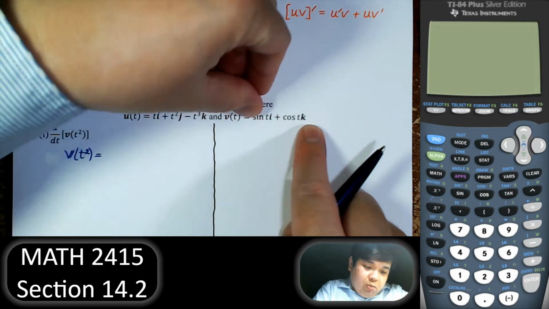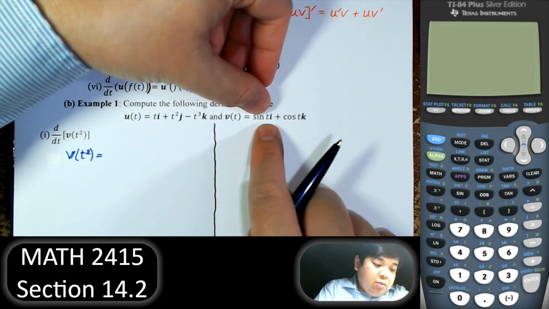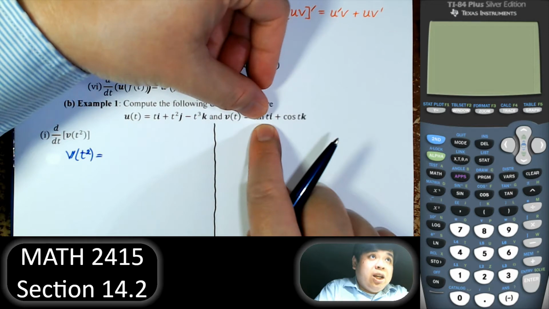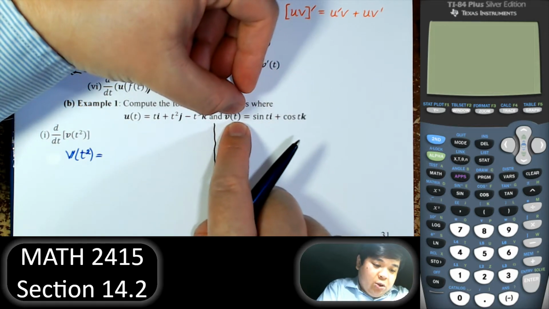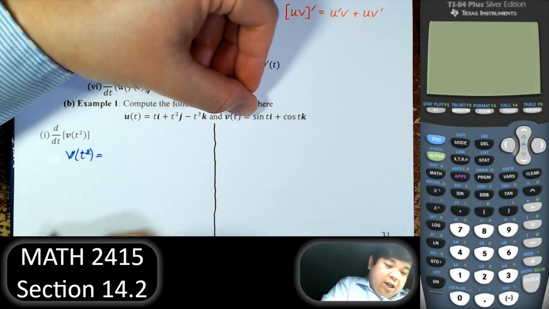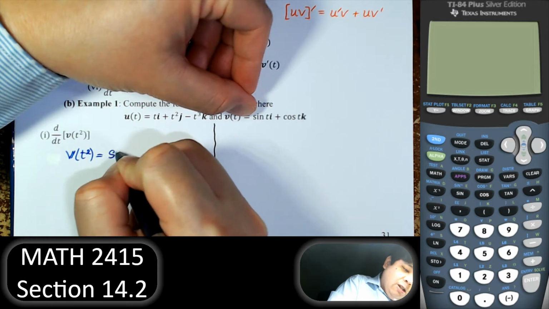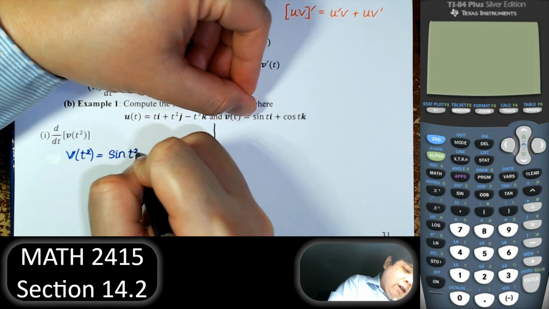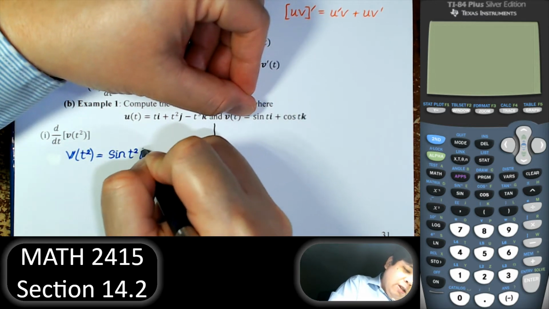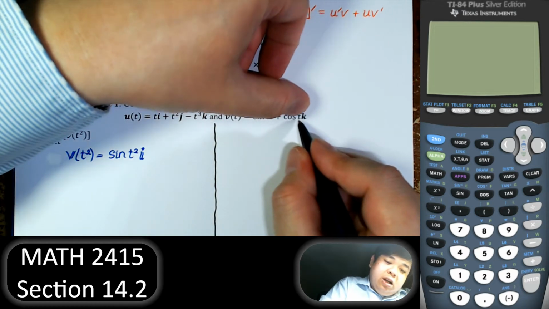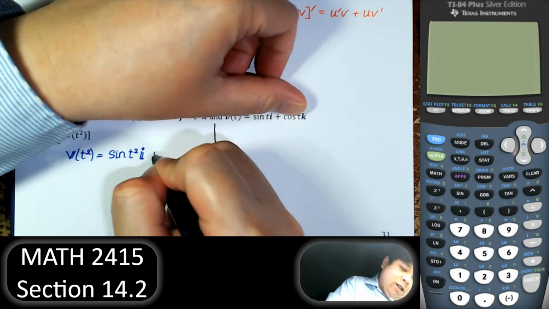Instead of t, we're going to put t squared in for t, so we have v of t squared, and then sine of t squared, and then cosine of t squared k.